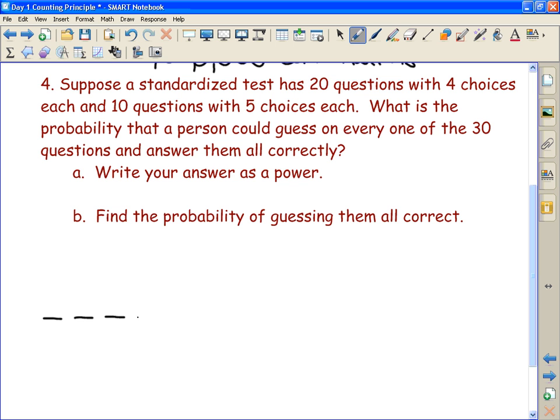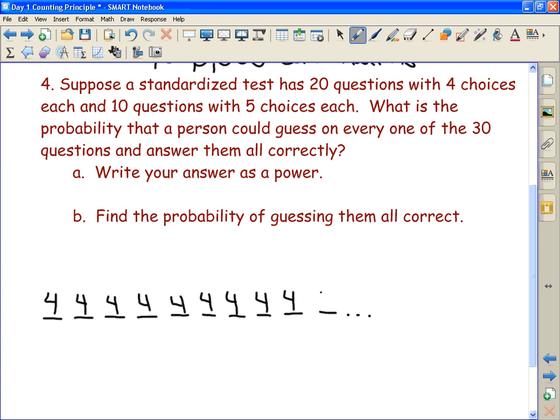So 1, 2, 3, 4, 5, 6, 7, 8, 9, 10, dot, dot, dot. Okay, 20 of those. For the first question, I have 4 choices to choose from. I can choose A, B, C, or D for that multiple choice. Same thing on the second question, third question, fourth question, fifth, sixth, and so on.